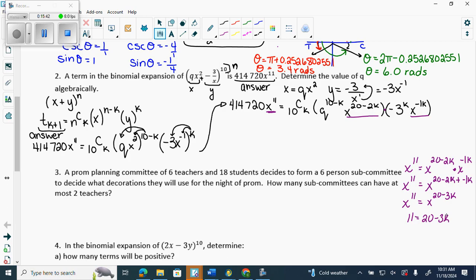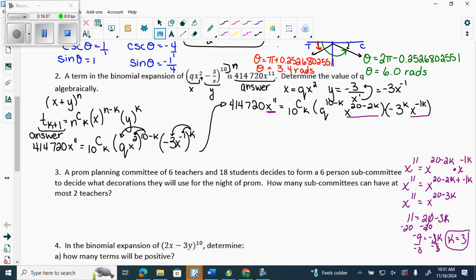Subtract your 20 over, and we get negative 9 equals negative 3k. And then what do I do, guys? Divide by negative 3. And what does k equal? 3. So my k equals 3.